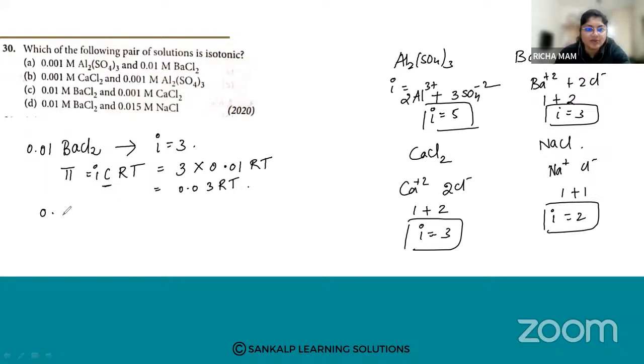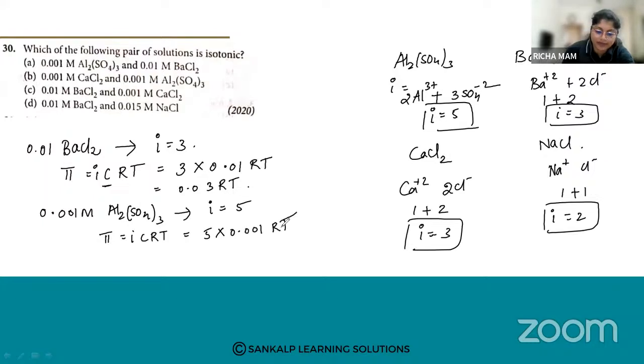Now let us see 0.001 molar Al2(SO4)3. For that i is equal to 5. Then pi is equal to iCRT, so 5 into 0.001 RT, which is 0.005 RT.